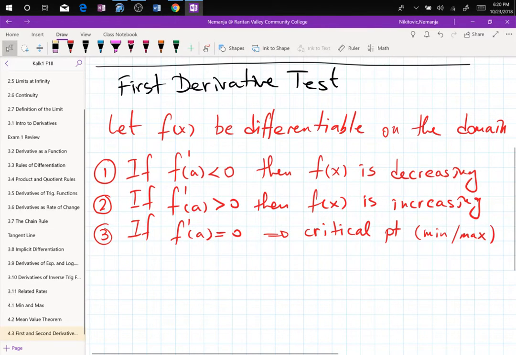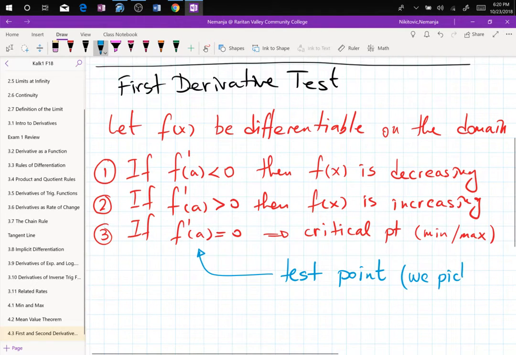Now, for this theorem, this A is what we call the test point. We pick this.